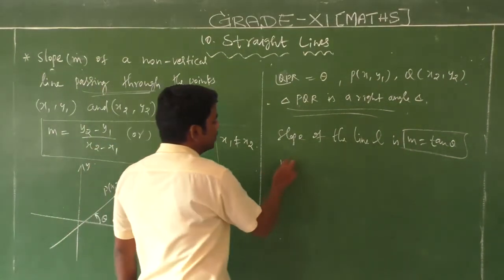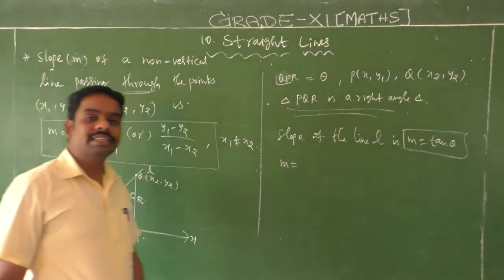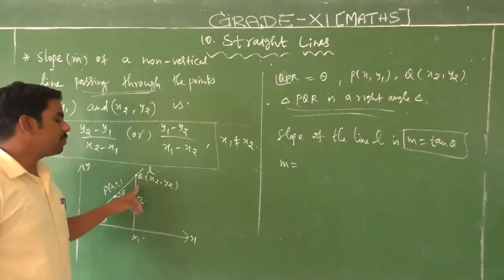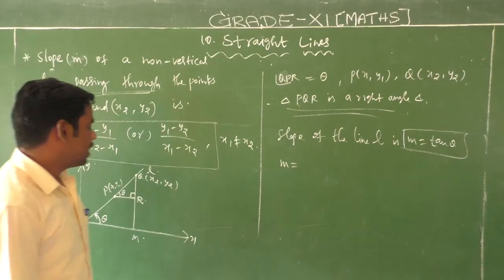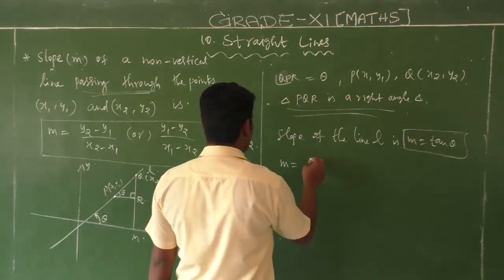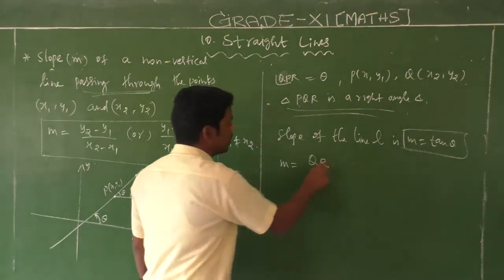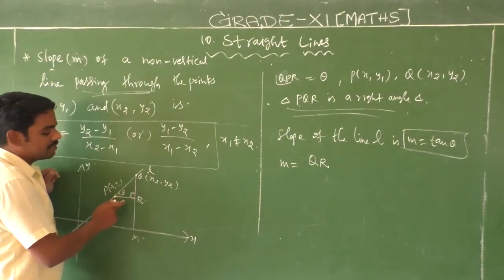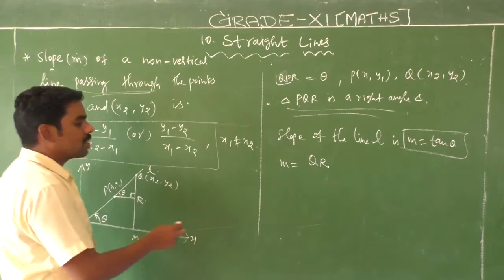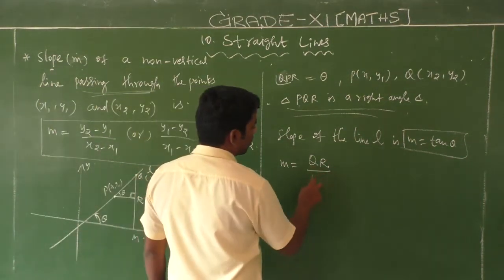Tan theta is equal to opposite side by adjacent side. Here the opposite side is QR and the adjacent side is PR. So QR divided by PR.